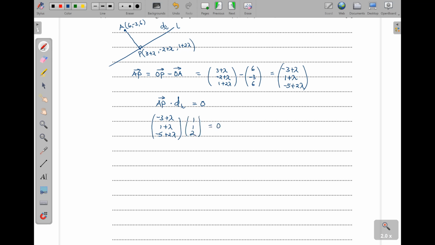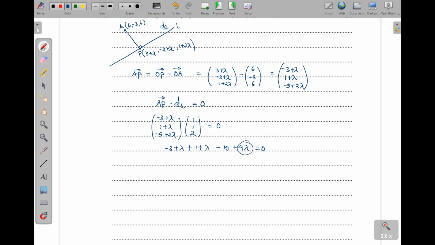So I equate this to 0. This times this, this times that. So what do we get? We have negative 3 plus lambda, then plus 1 plus lambda. And then 2 times this, you will get negative 10, then plus 4 lambda. So this one is equal to 0.